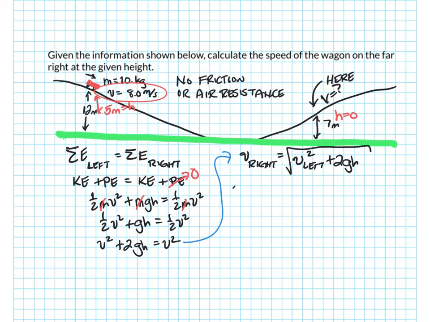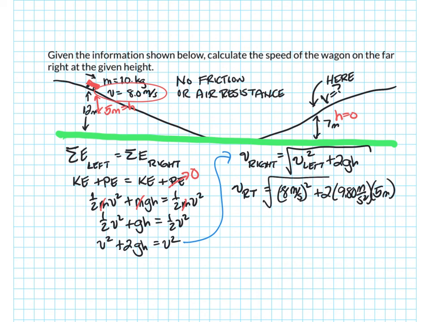I'll put in my numbers here. V on the right, I'll call it RT now, is equal to the square root of the velocity on the left, 8 meters per second, squared, plus 2 times 9.8 meters per second squared times my height difference, which is 5 meters.